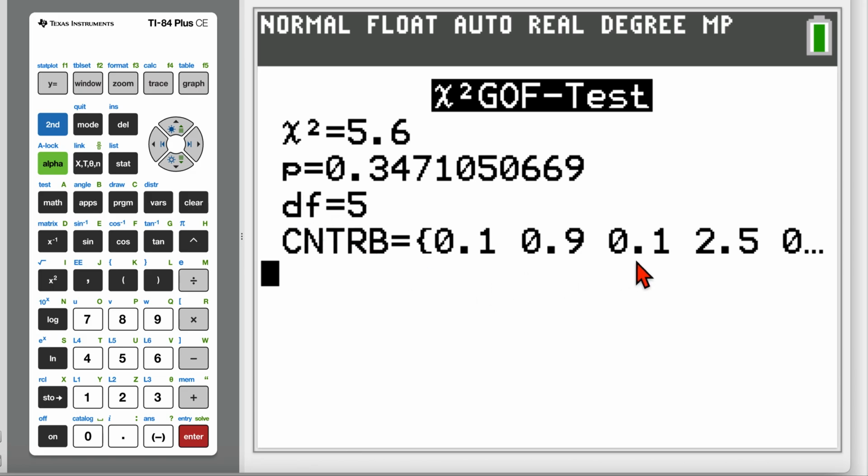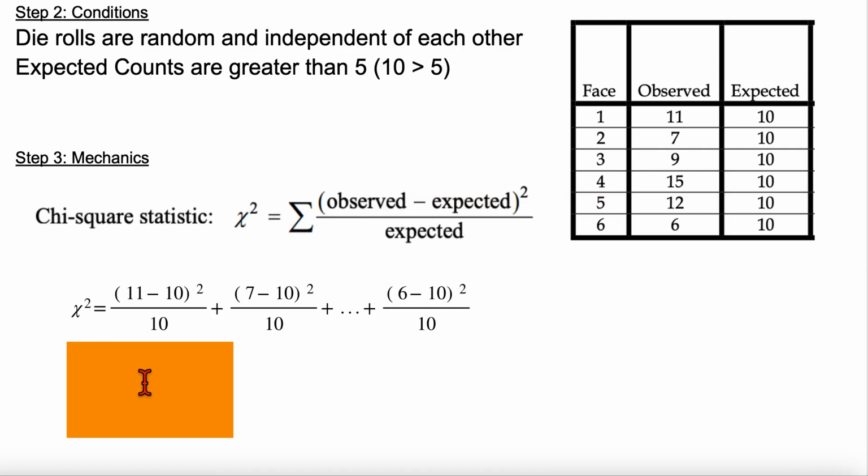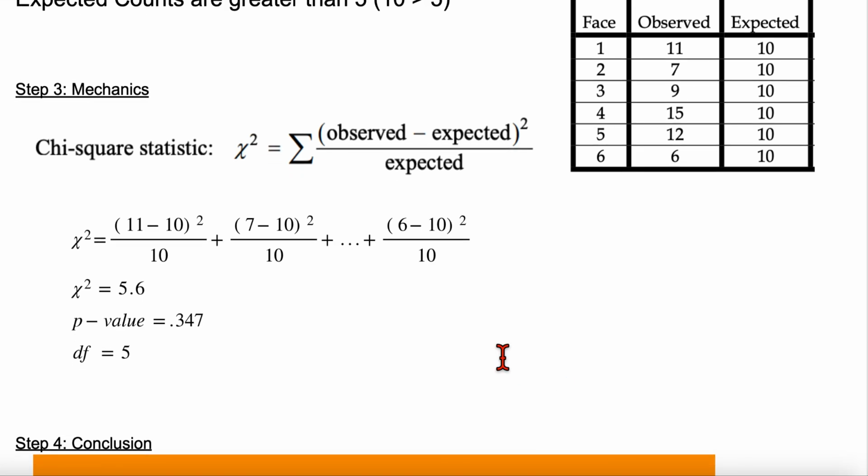And then we get the chi-squared contributions, all those individual additions when we plugged into that chi-squared formula. So please take a minute and write down this information. This is everything you would need: the chi-squared statistic, the p-value, and the degrees of freedom. These are the things you would need in order to get full credit for the mechanics.